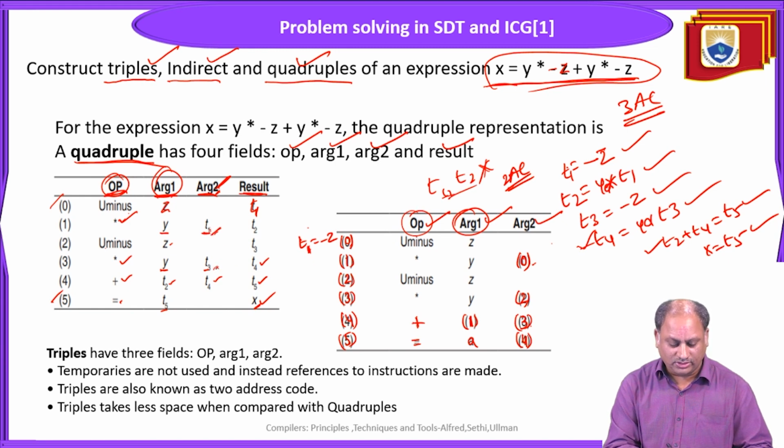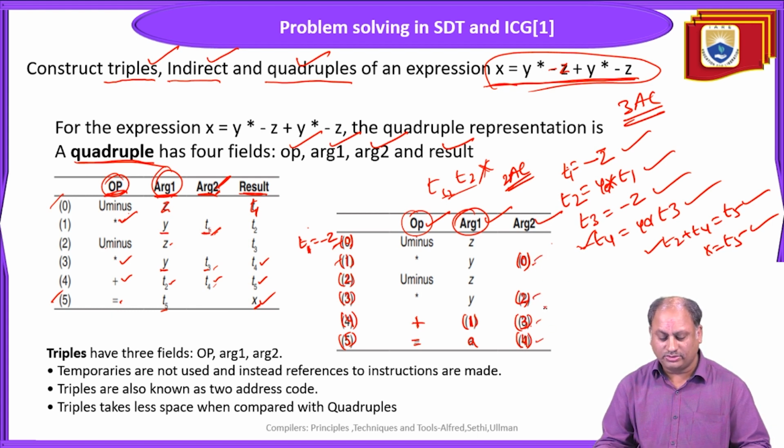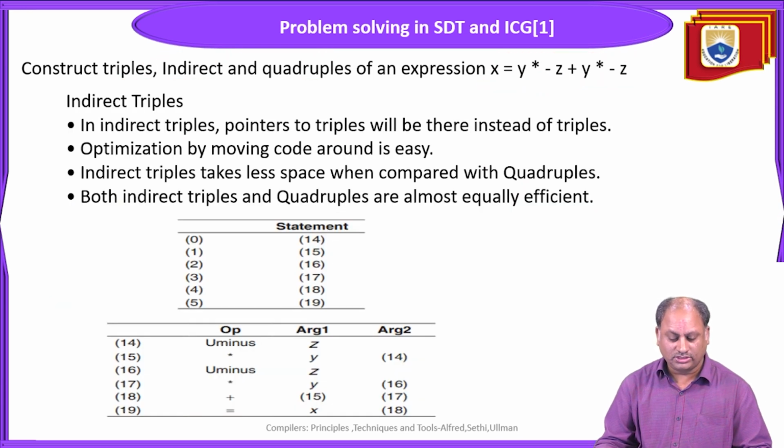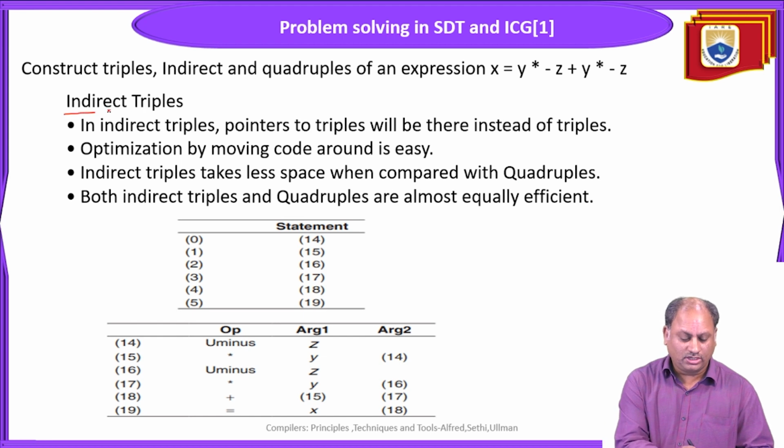So instead of T1, T3, T4, we are going to write a reference of the instruction 0, 1 by making this list reference 0, 2, 1, 2, 3, 4, and then we compute this as the triple representation. Quadruple, triple representation. And the third one is indirect triple representation.